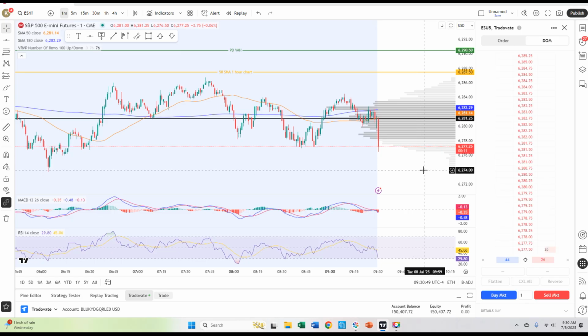Good, good, good. All right, so probably at this point it's going to be bouncing up and going up to the POC, testing that level again, maybe even up here, and then dropping, unless it goes up today. And this is going to be one of those weird trading days, I think, where it's going to be dropping, but it's going to be going against the trend in doing so.